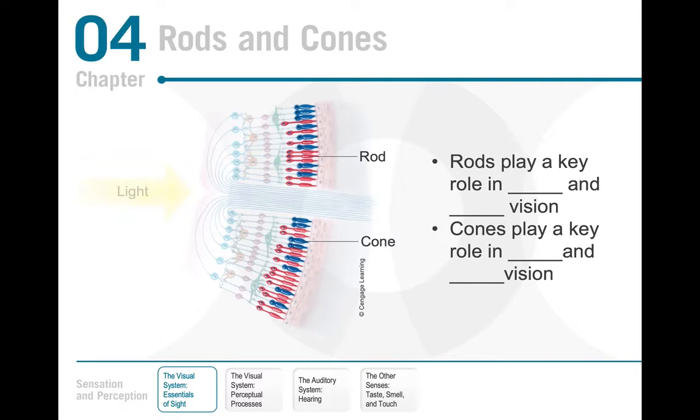And your fovea is a tiny spot in the center of your retina, that sweet spot that contains only cones. It turns out that visual acuity is greatest at this spot.